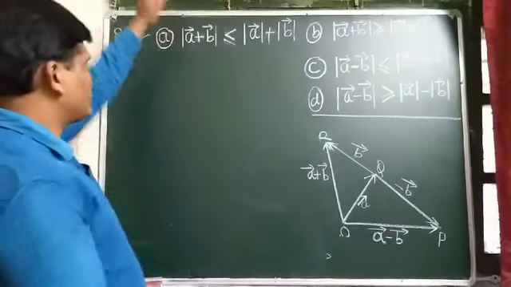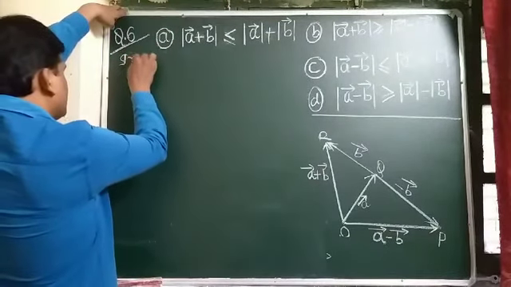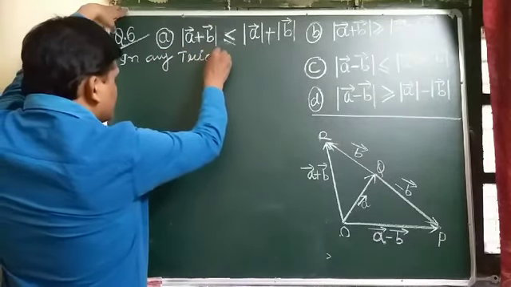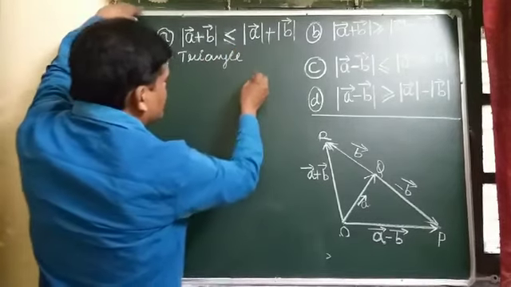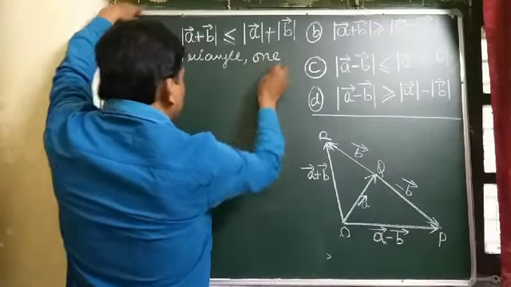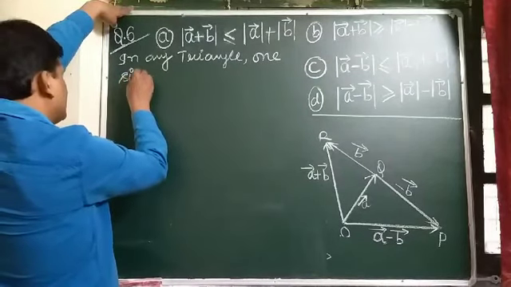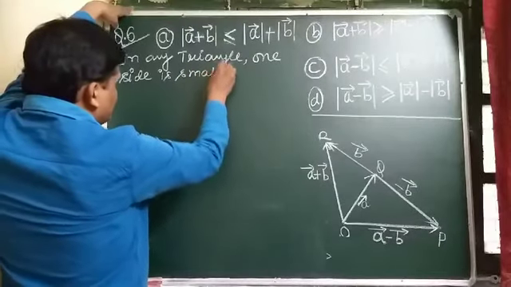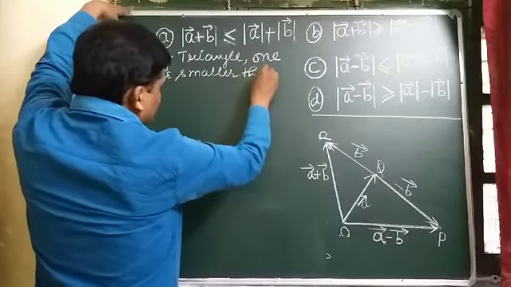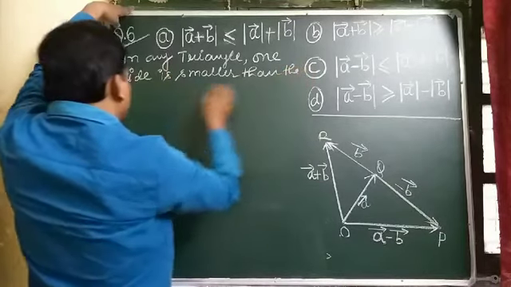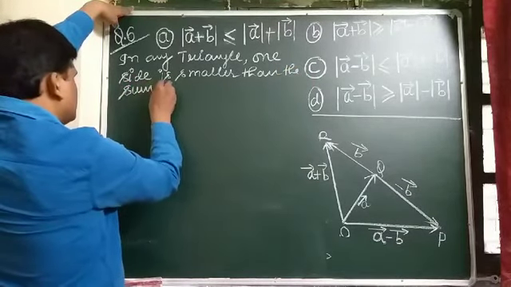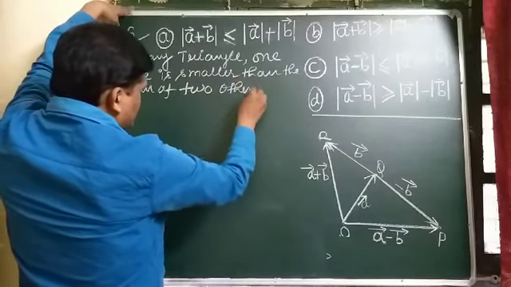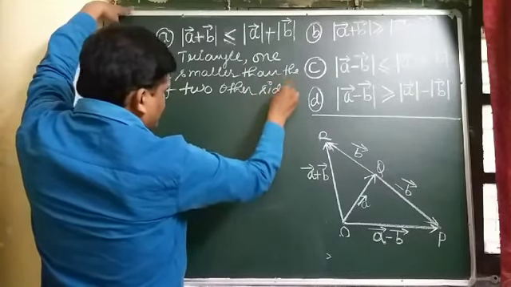So we use this property in any triangle: one side is smaller than the sum of the other two sides of a triangle.